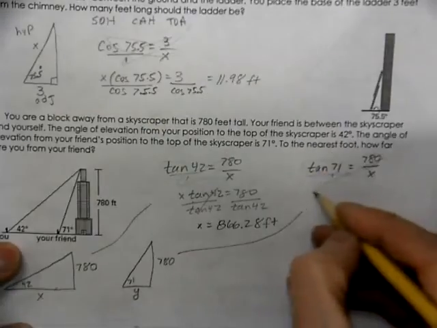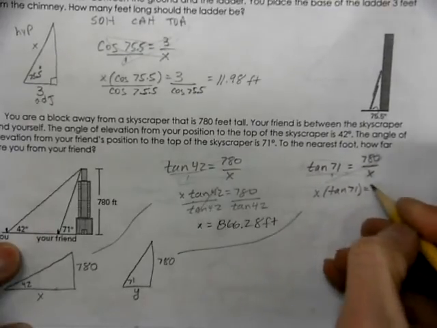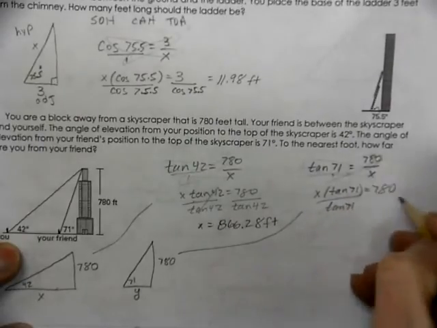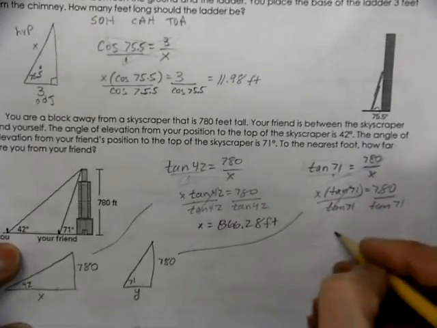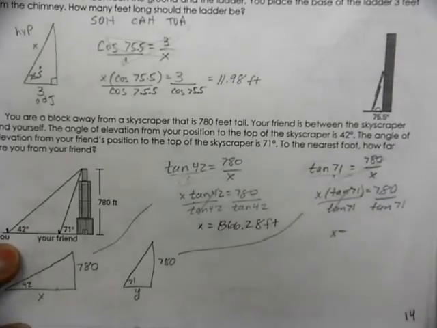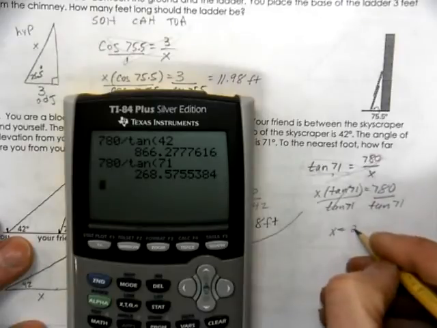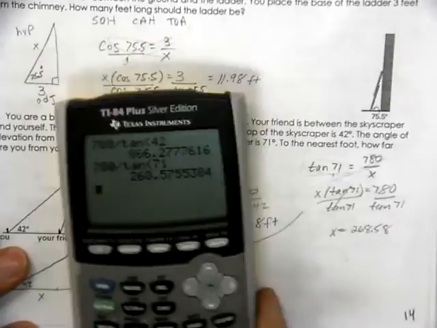Cross multiply. Divide by the tangent of 71. So we have 780 divided by the tangent of 71. Now you're 268.58 feet.